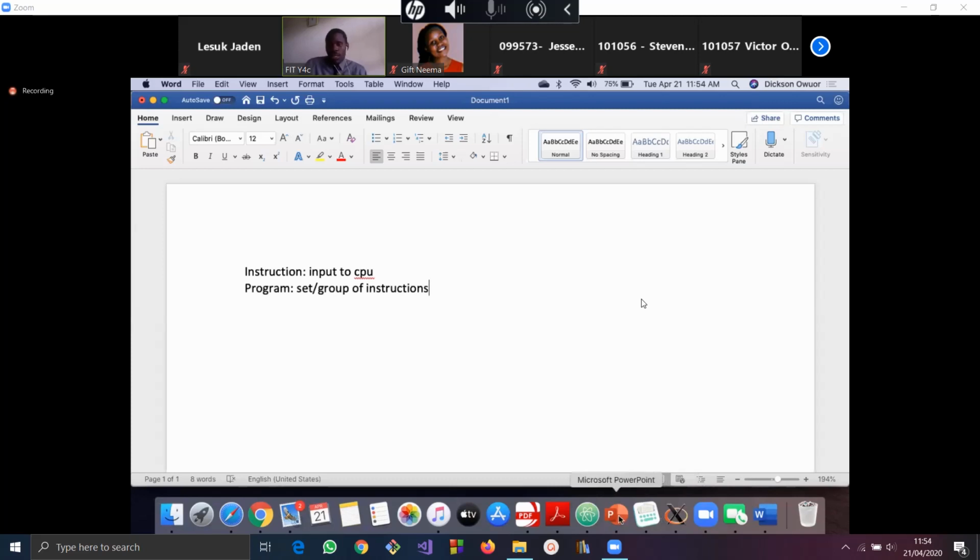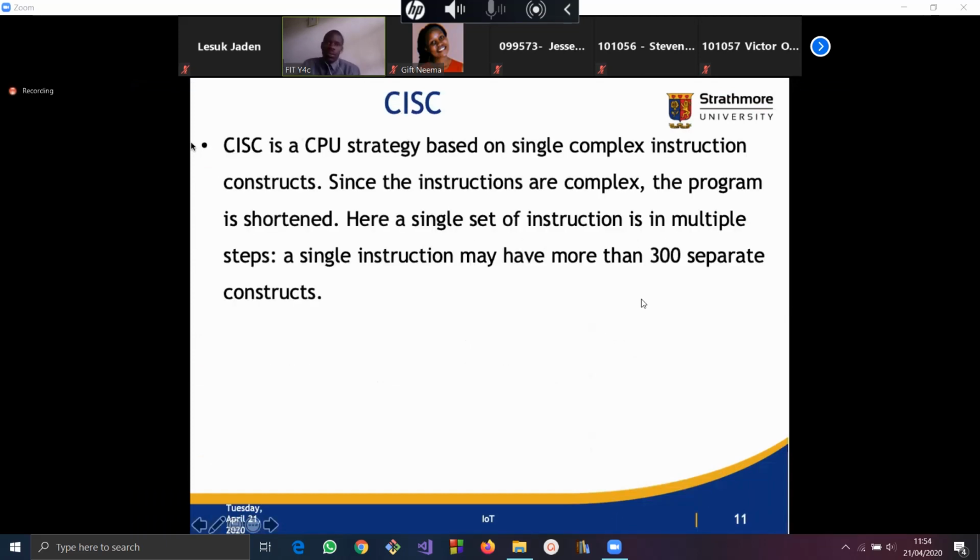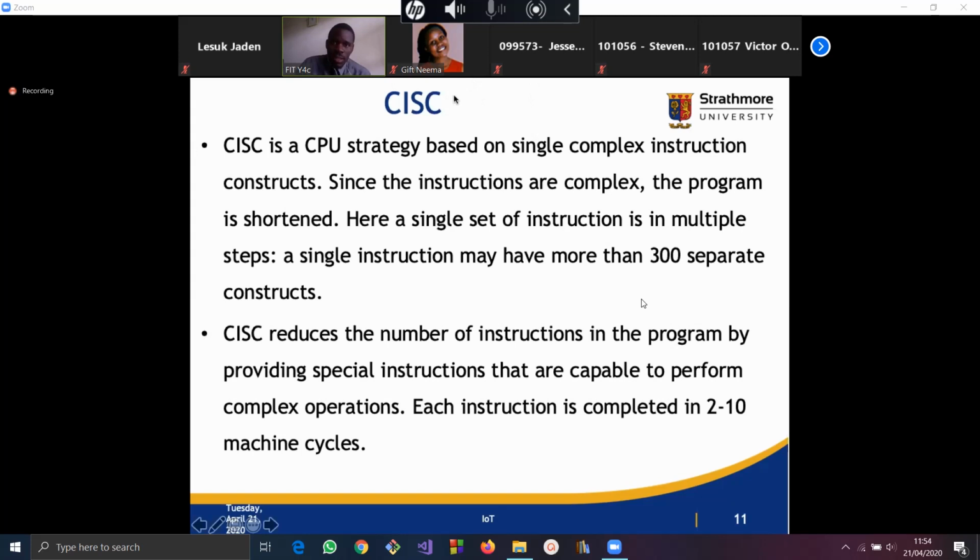So we go to CISC. Okay, so CISC. So this is a complex instruction set. Okay, so this one focuses on shortening the program. Okay, so if it's shortening the program, it means one instruction might be bigger than the bandwidth of the CPU.